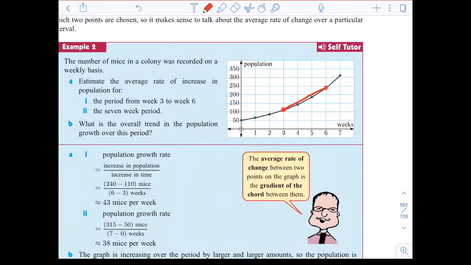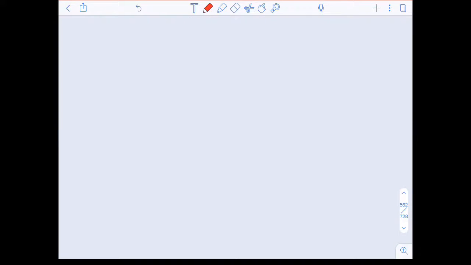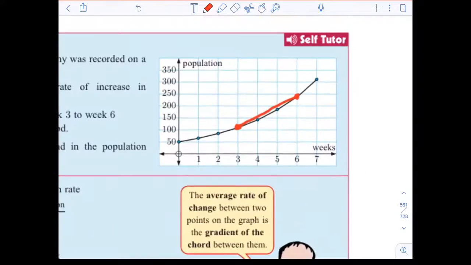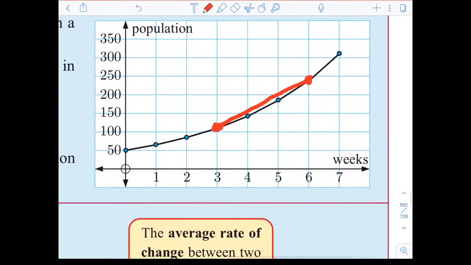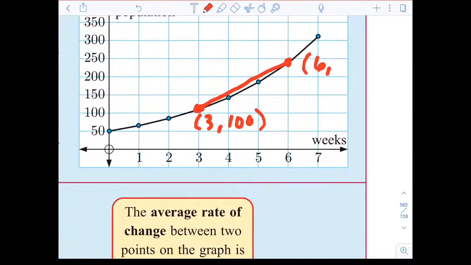So what we do is we just find the coordinates of those 2 points. So this one here is at 3 and 100. This one over here is at 6 and looks to be about maybe, what did the question pick, 240.